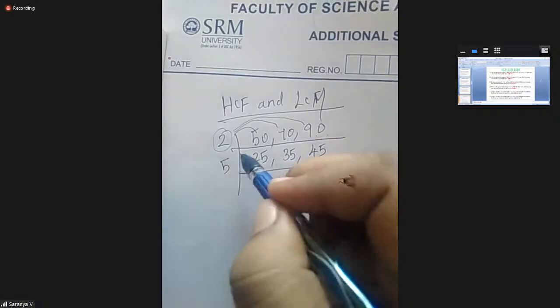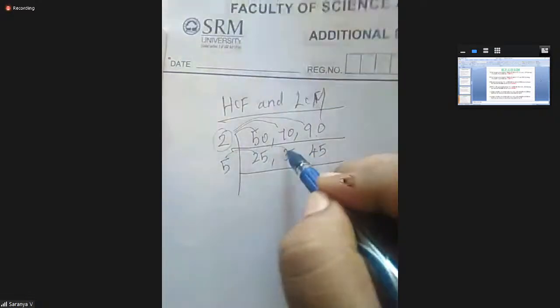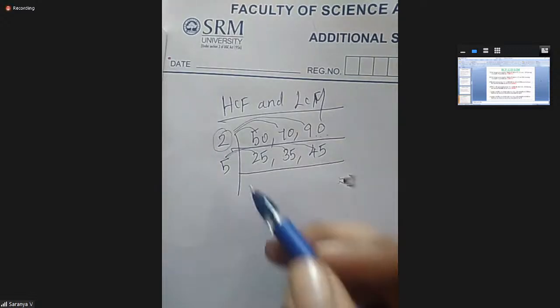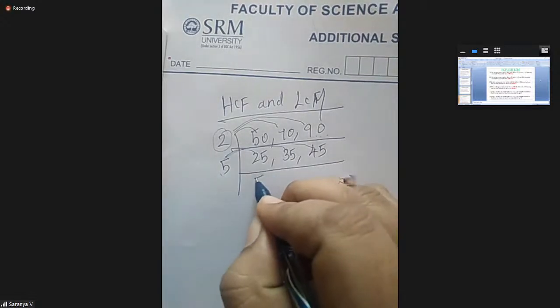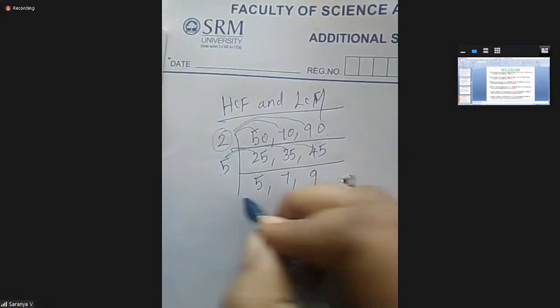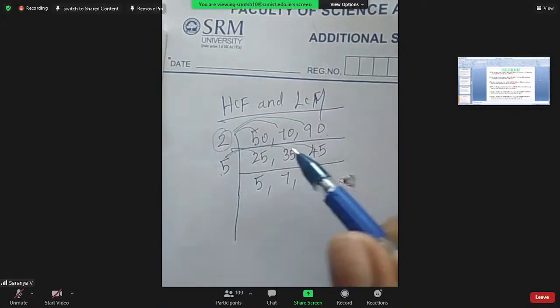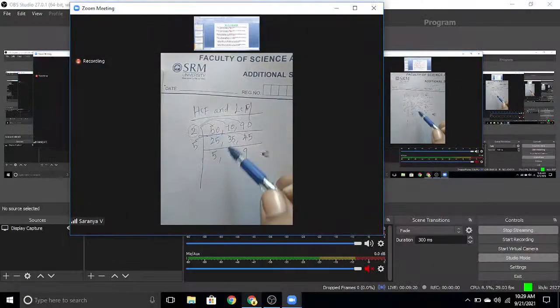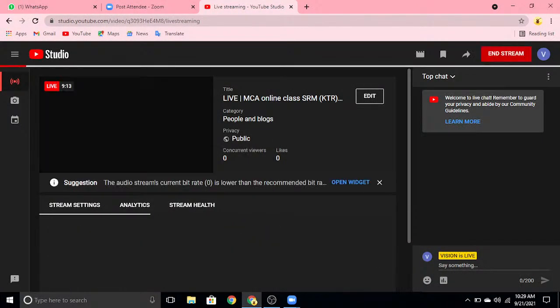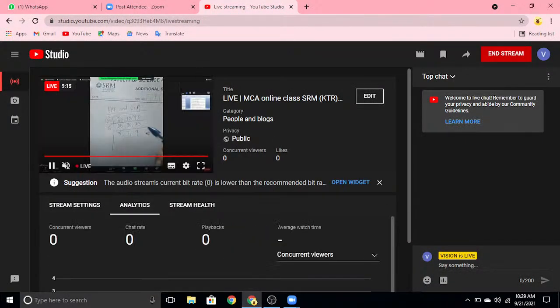And this 5 is also a common factor for all the numbers. Got it? So if it is a 5, how many times? 5 fives are 25, 7 fives are 35, and 9 fives are 45. Now tell me, is there any common factor after this for 5, 7, 9? Yes or no?